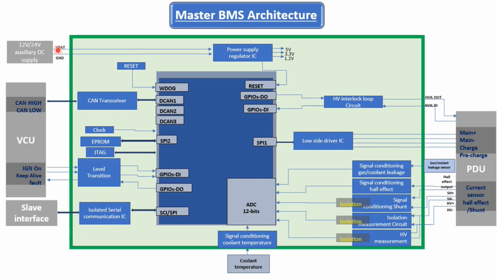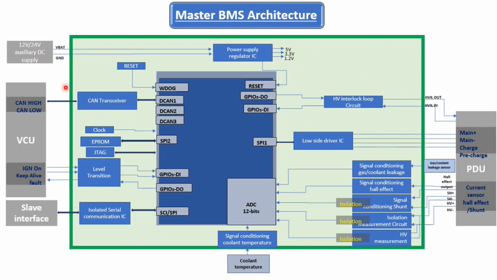This is most important. When you give auxiliary supply, only then will the master BMS architecture switch on. Once the auxiliary supply is fine, all your sensors will be powered through it.